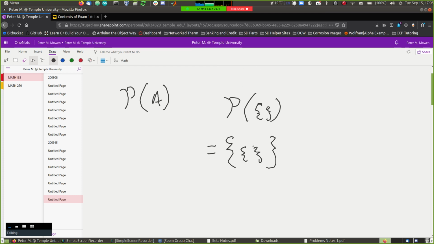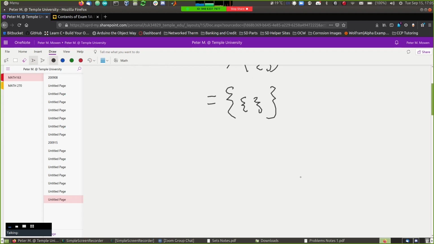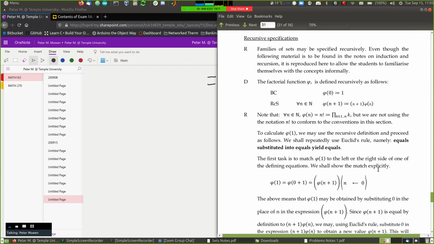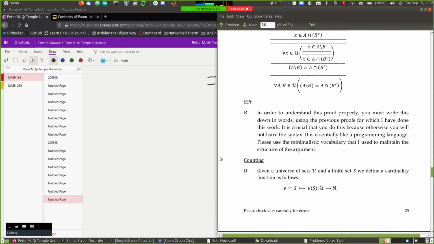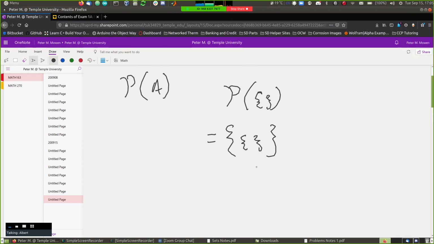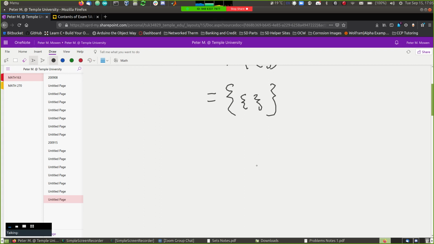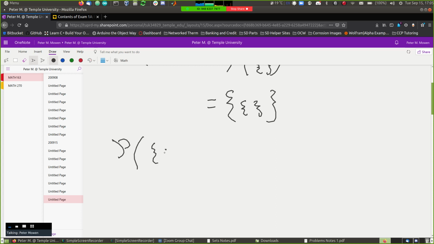I think he had some notes on power sets in here somewhere. Yeah, so if we then took the power set of this, so this would be the power set of the set containing the empty set. So then what are the subsets of this set?